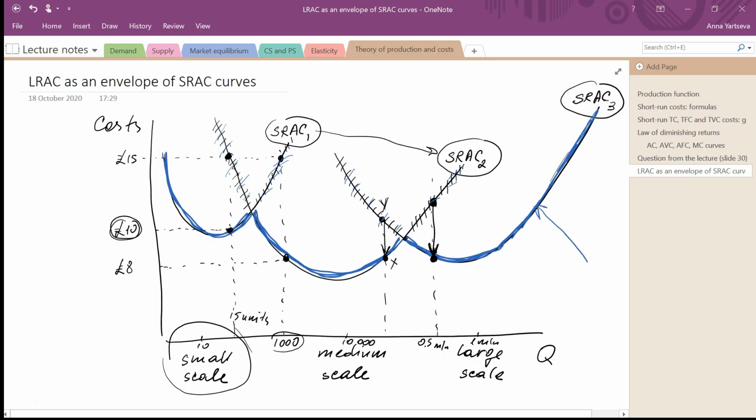What is shown in blue here is our long-run average cost curve. It's an envelope of the lowest parts of the short-run cost curves. It combines only the cheapest ways of producing output, which we're able to do by varying the amount of capital, by jumping between different technologies. And this is exactly what is shown in our slide.